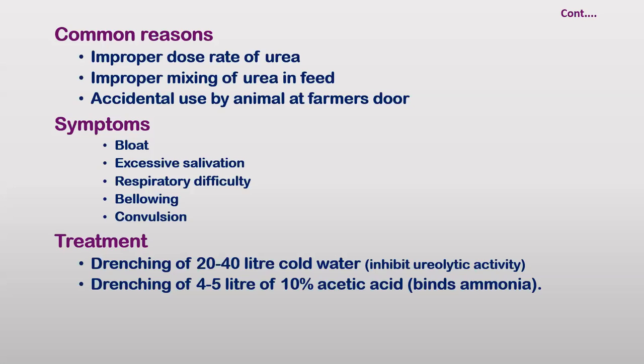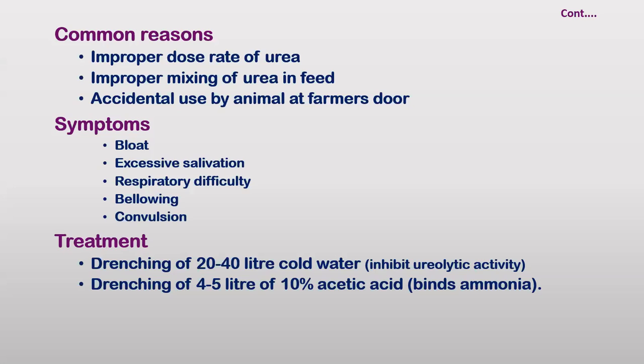What is the possible treatment when these symptoms develop? We can drench or offer 20 to 40 liters of cold water to the animal immediately. That will inhibit the ureolytic activity in the rumen.